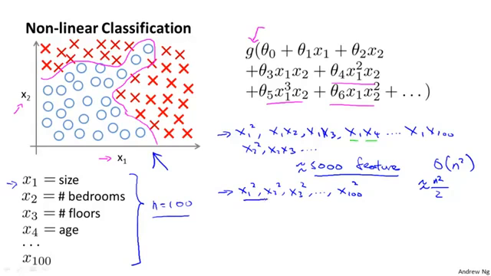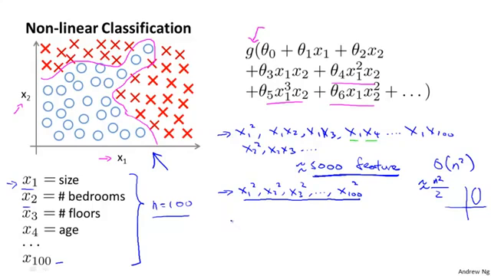In fact, if you include only these quadratic features together with the original x1 and so on up to x100 features, then you can't actually fit very interesting hypotheses. You can fit things like axis aligned ellipses like these, but you certainly cannot fit a more complex data set like that shown here.